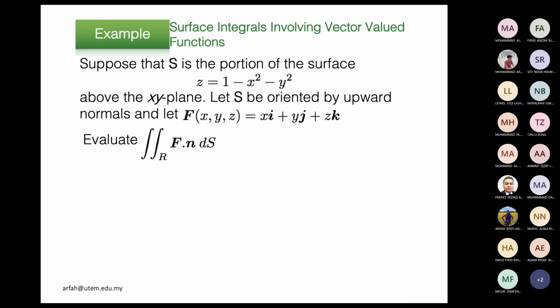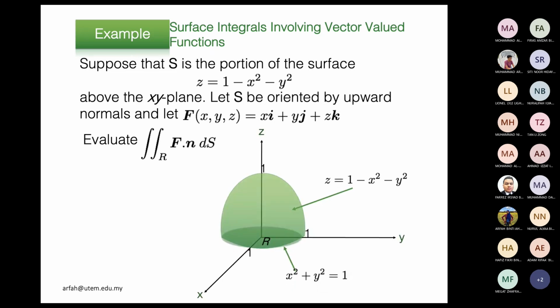Okay. So kalau awak tengok dia punya equation, z sama dengan 1 minus x squared minus y squared, which is equal to z equal to 1 minus x squared plus y squared. So kalau kita tengok balik equation ni, boleh juga kita cakapkan ianya adalah satu hemisfera. Okay. So dekat belah atas. So it is pointed above the xy plane. So xy plane awak adalah this one. Dekat bawah ni xy plane. Okay. So dia terletak dekat above.